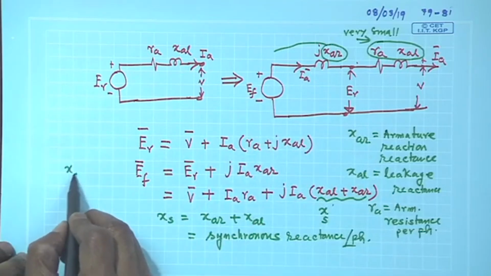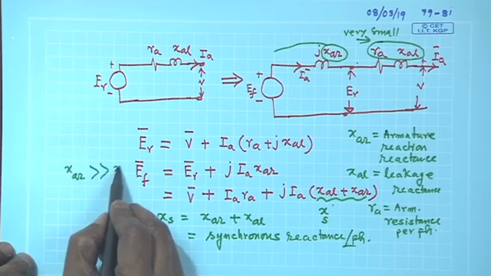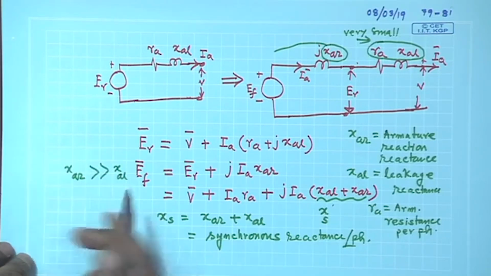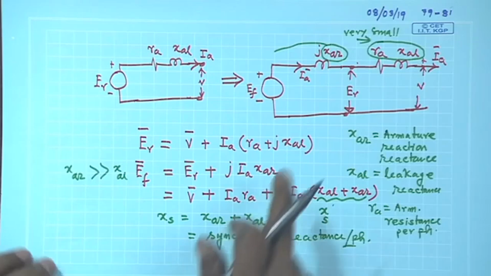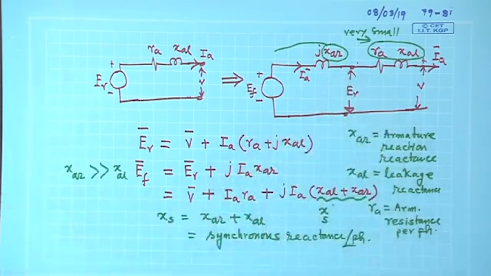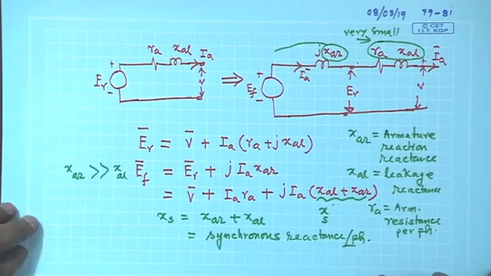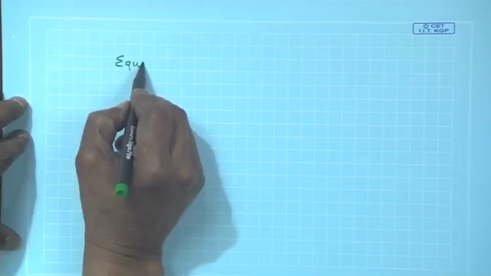XAR is many times higher than your XL. Therefore, after knowing this, we can say, okay, we will not go to this earlier thing, if necessary we will calculate, but henceforth the equivalent circuit will look like this.